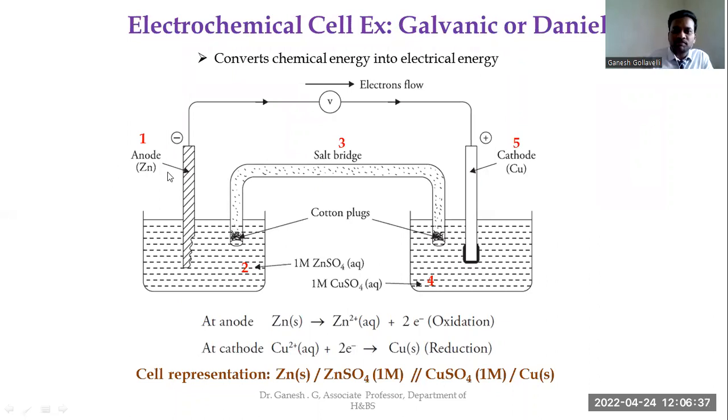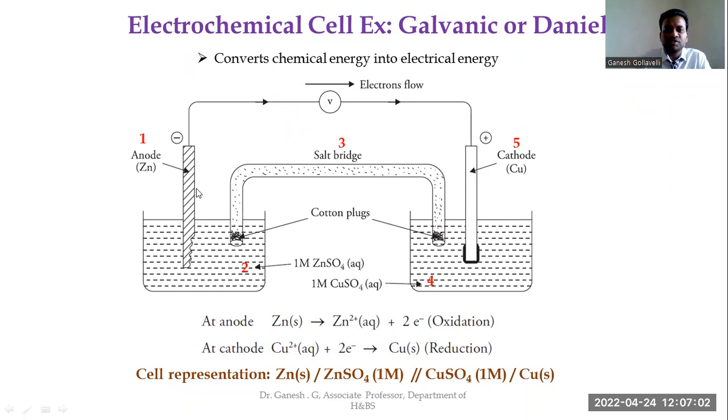So when you keep a metal rod in a metal ion solution, some potential is generated. With respect to the electrolyte solution here, the zinc loses its electrons. So the zinc loses electrons and is converted into Zn2+. This process is known as oxidation.